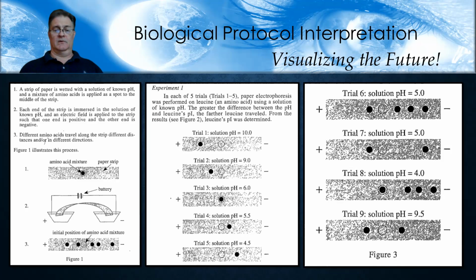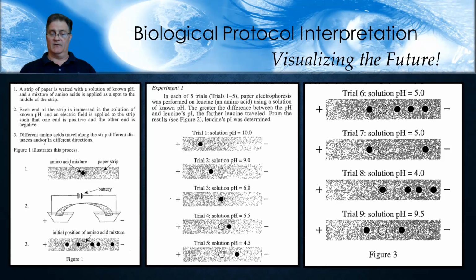Trial 4, they make the pH of the solution more acidic. It's 5.5. Now the charge on the amino acid becomes positive and it's attracted to the negative end. Look at trial 5. The pH is 4.5.